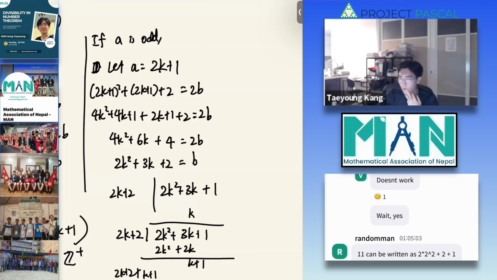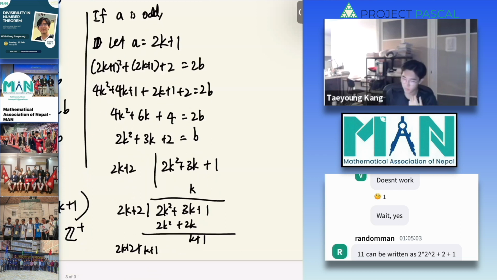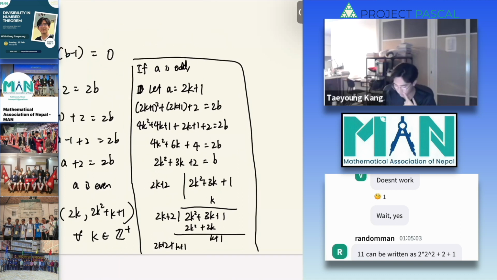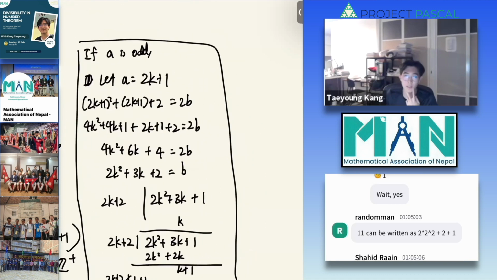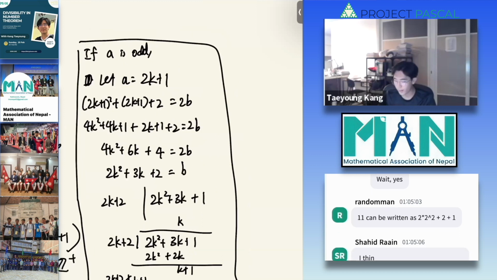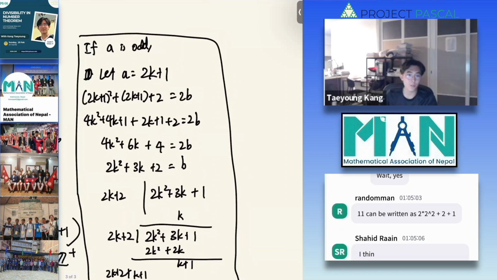Because, wait, yeah, yes. So A odd doesn't work. You guys can read the proof of why A odd doesn't work over here.